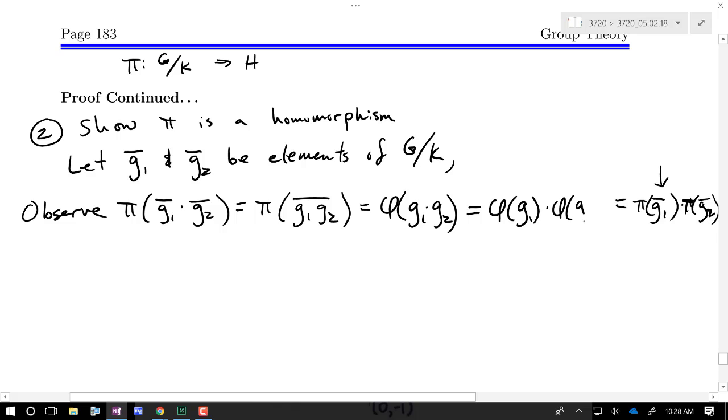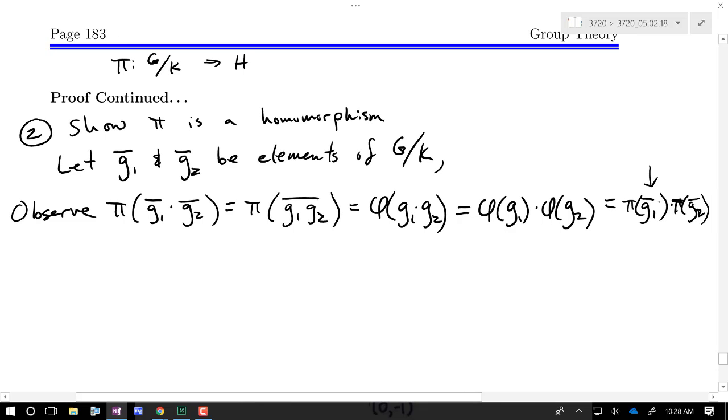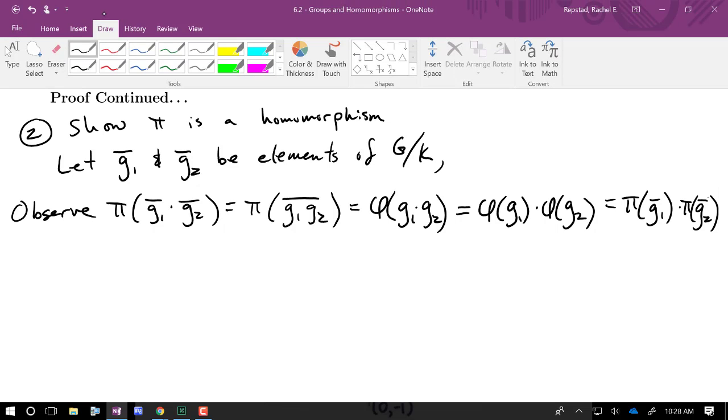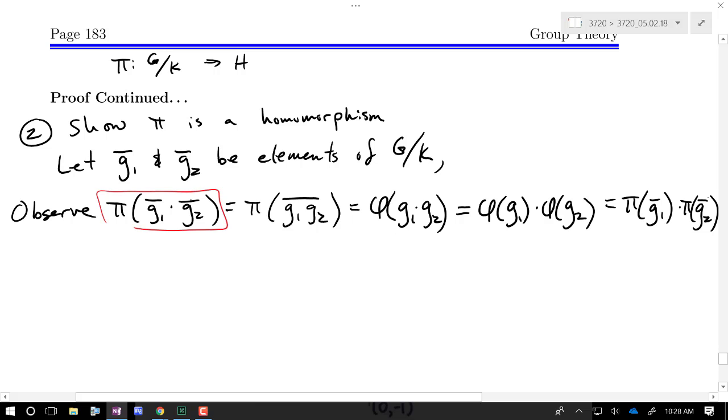Now this lined up nicely. Phi of G1 is how we define pi of the G1 coset, and phi of G2 is how we define pi of the G2 coset. So we started over here, we know it's equal to this, and that means that pi is a homomorphism.